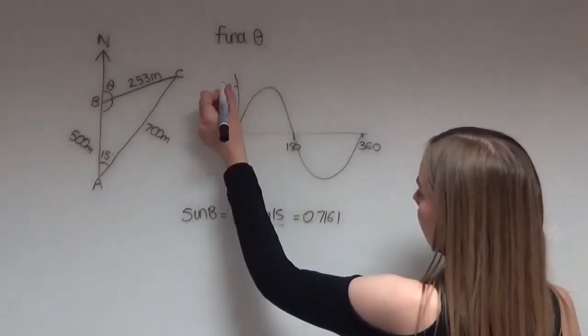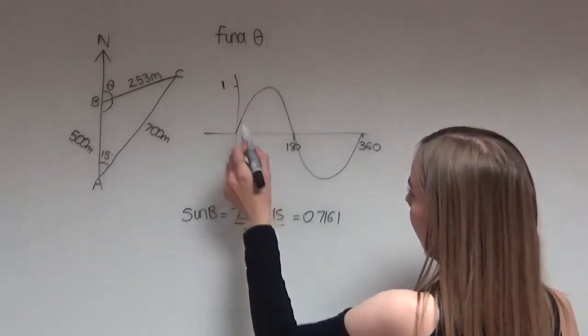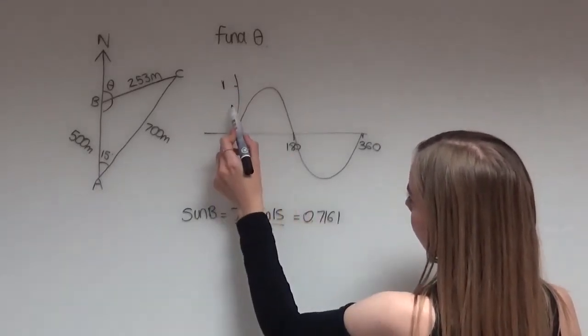So if we draw that line on the graph, 1 is there, so 0.7161 will be about here.